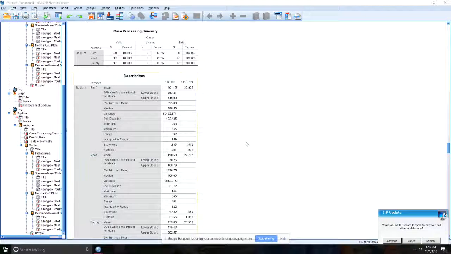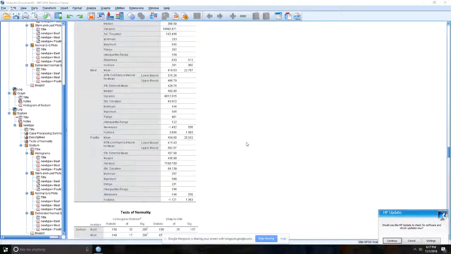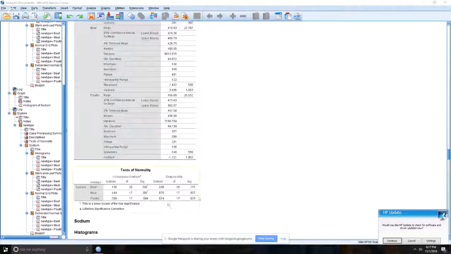So I see the N, I see the mean for beef, mean for meat, mean for poultry. Total. I'm looking. The number that I had was 0.179.